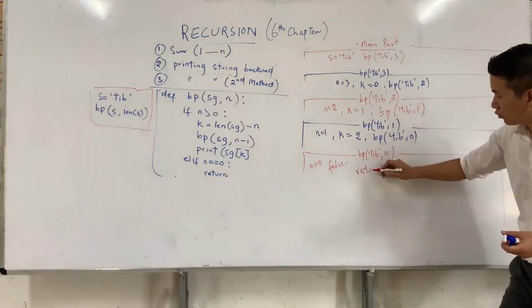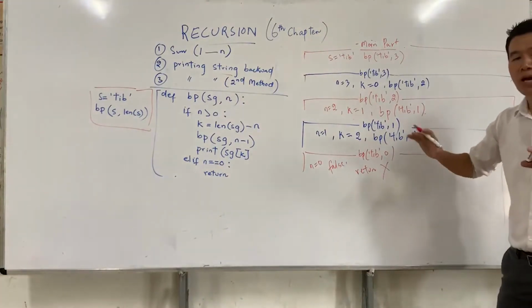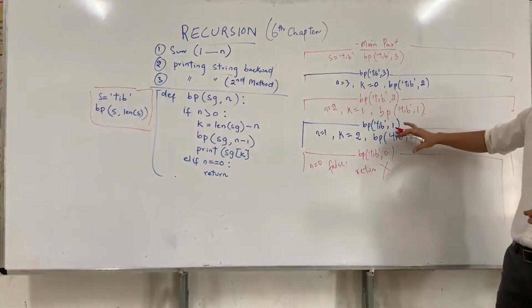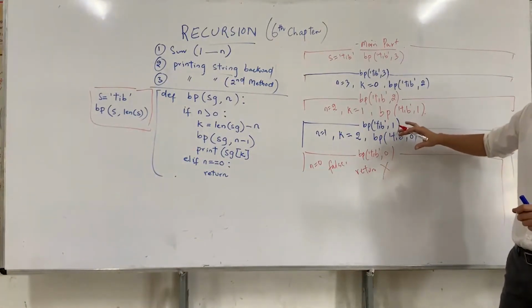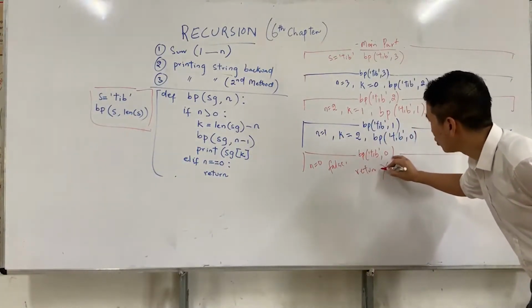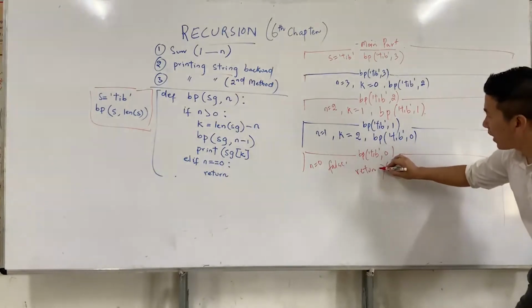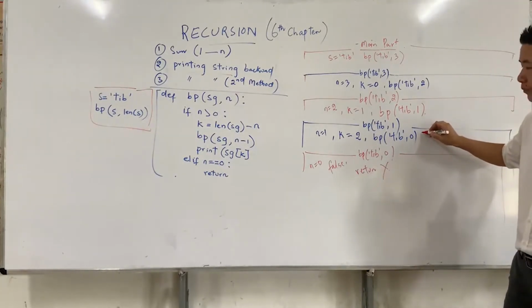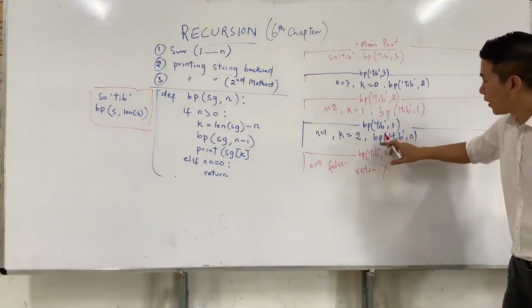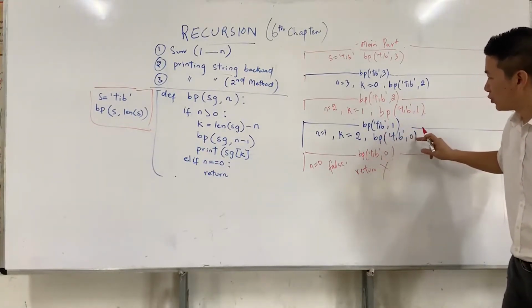There is no value as such being returned to the topmost frame of the stack. The control will return back to this particular frame. This will now replace the function call of BP tip of 0.